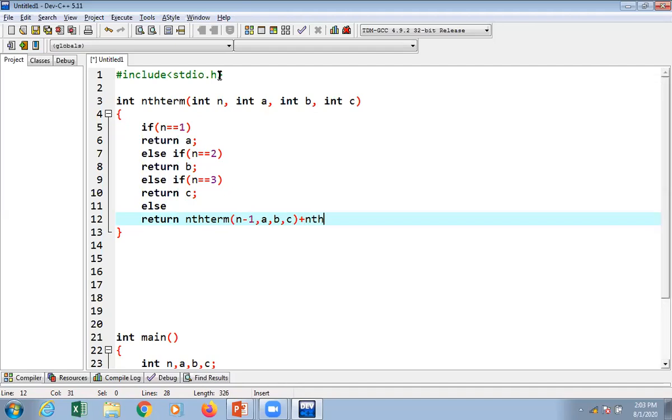So it will be nth term n minus 2, comma a, comma b, comma c, plus nth term, previous third term, that will be n minus 3, comma a, comma b, comma c. So it should be returning this.